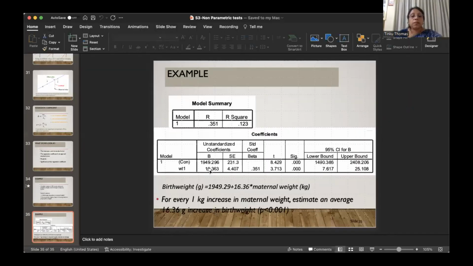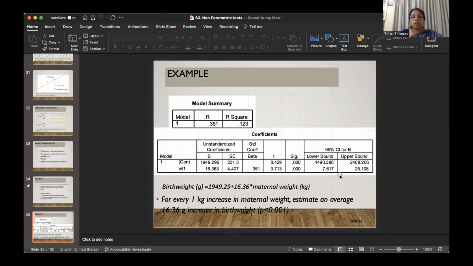So we also know that now, if you see this, we can make a prediction about the birth weight. For a woman who weighs, let's say, 50 kilograms, we can calculate what the birth weight of the baby would be. Although there is possibility of variation, some kind of error, approximately we can calculate. So we can make predictions.